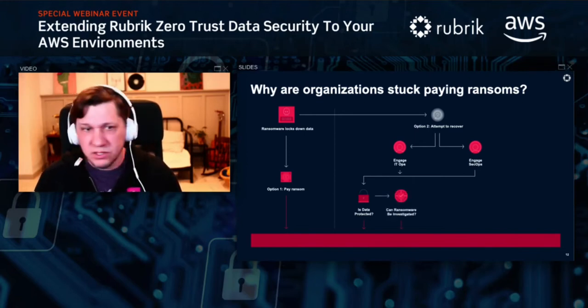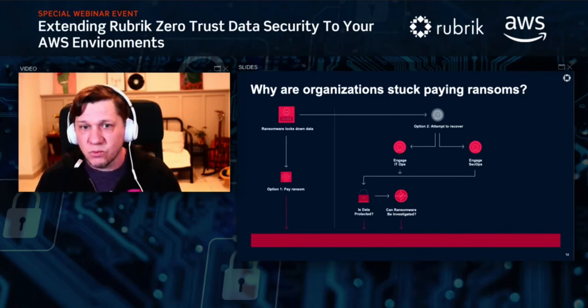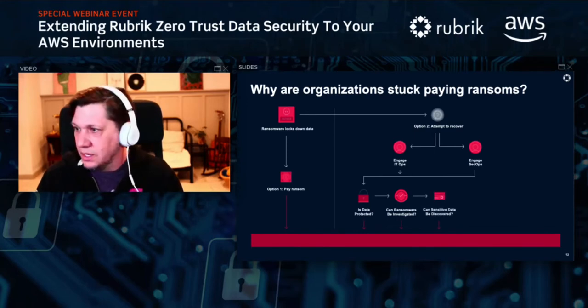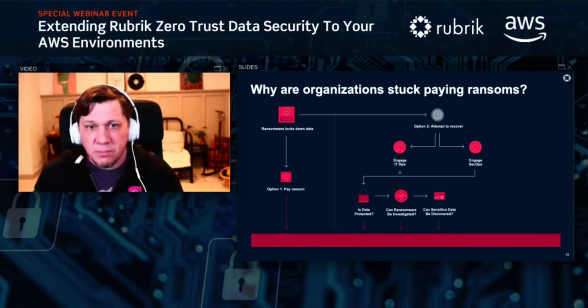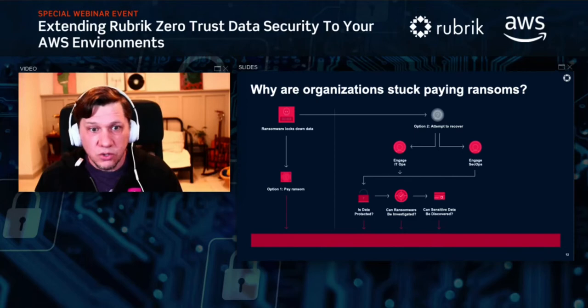Then we have to look at, do we understand exactly what's been encrypted, what's been affected? Do I understand that blast radius, right? Do I have something that can show me anomalies and show me what applications have been affected? Third, we need to confront the possibility that if sensitive data has been exfiltrated, then we probably need to alert our legal teams or alert our customers, right?